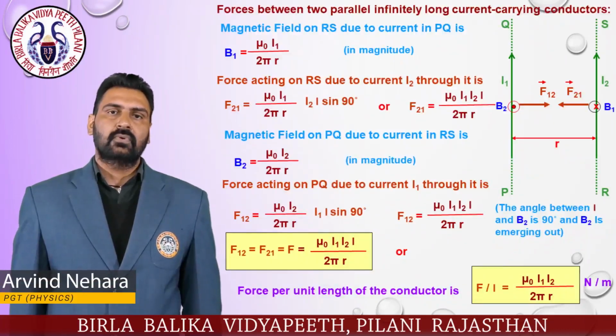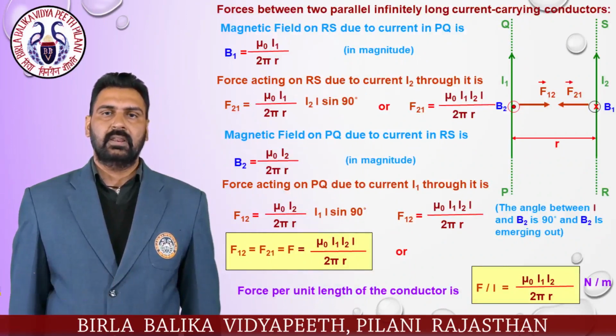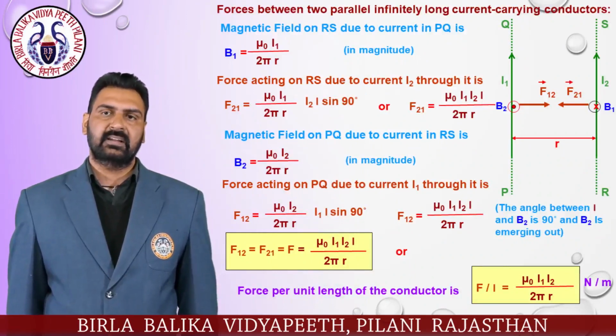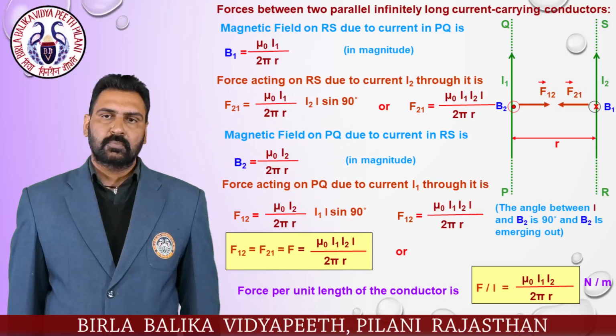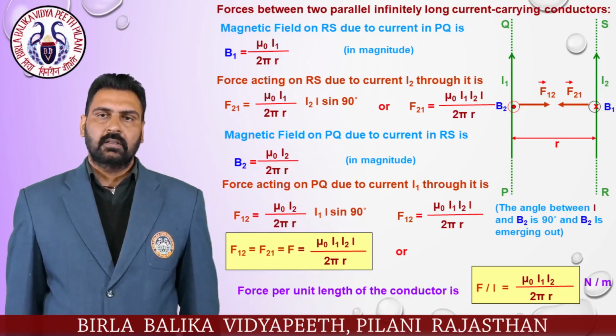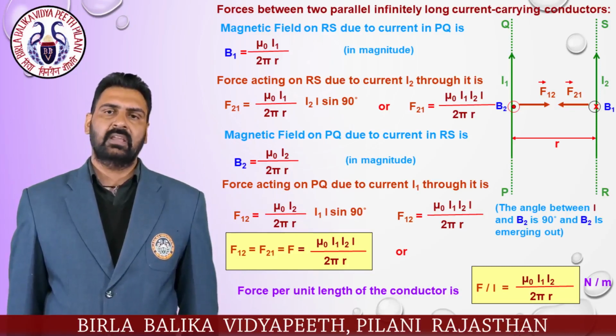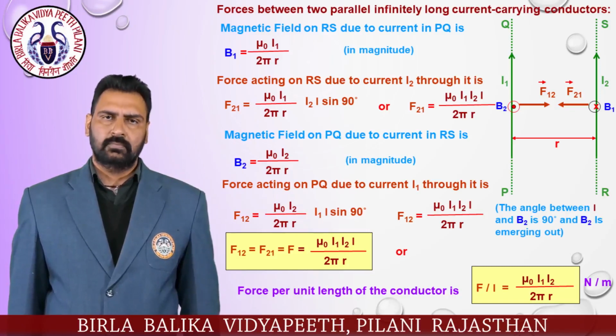The next is force between two parallel infinitely long current carrying conductors. Suppose we have two wires of infinite length carrying currents I1 and I2.